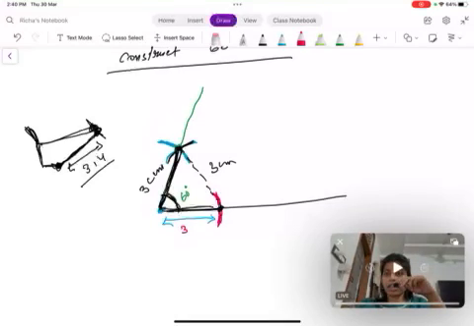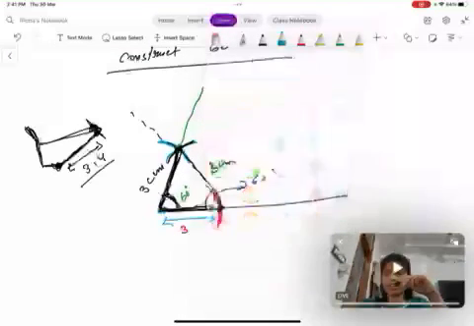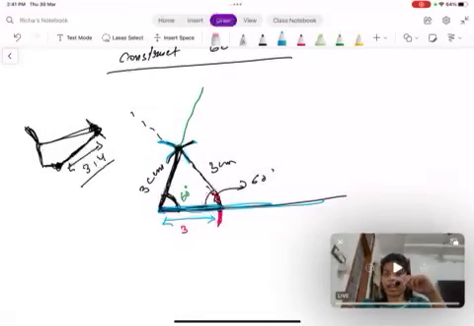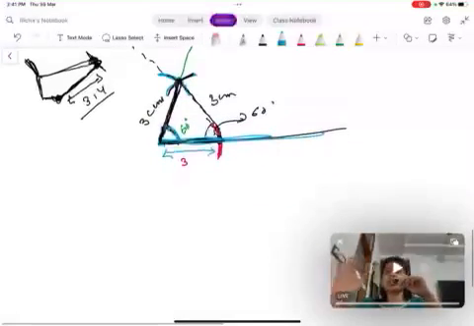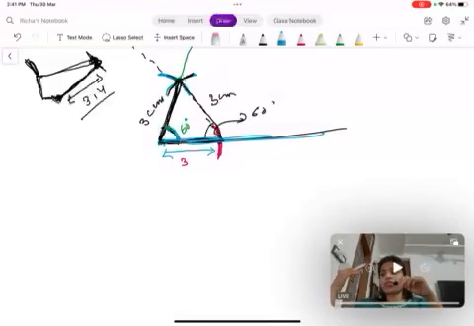Even if I joined this other angle, it is also 60 degrees. But as I have taken this line as the reference line, I'll say this angle is 60 degrees. Very easy. So 60 degrees is basically the construction of an equilateral triangle.